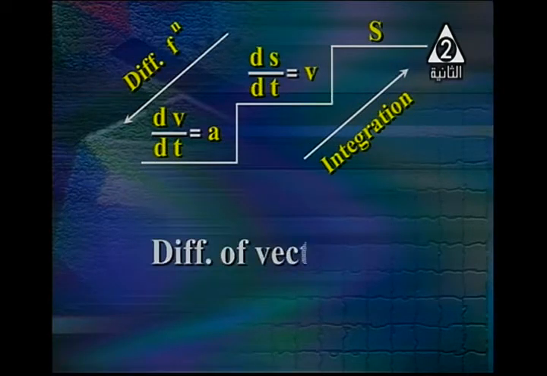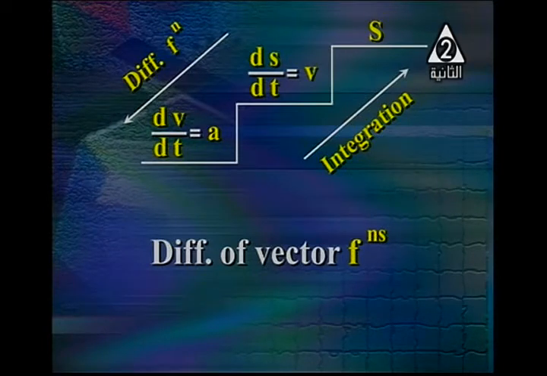Look at, dear student, the opposite figure, very important. It makes clear the derivative and integration. When we find acceleration a, we take dv over dt, the derivative of velocity with respect to the time t.